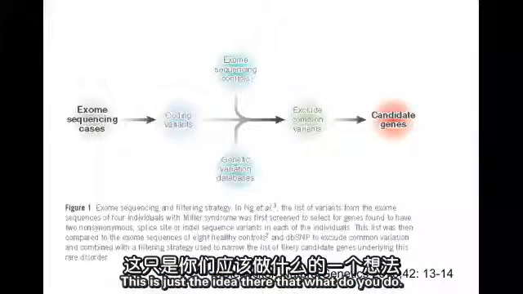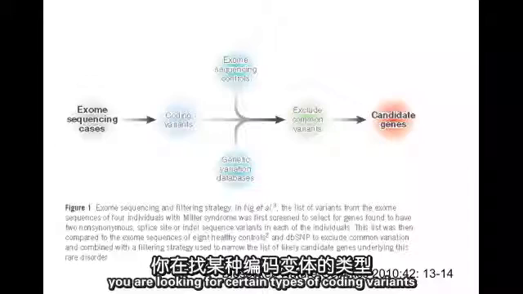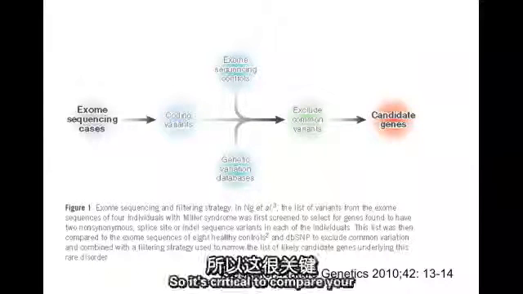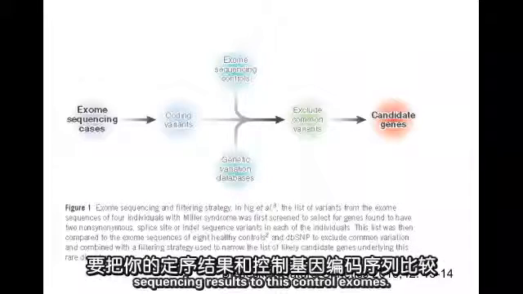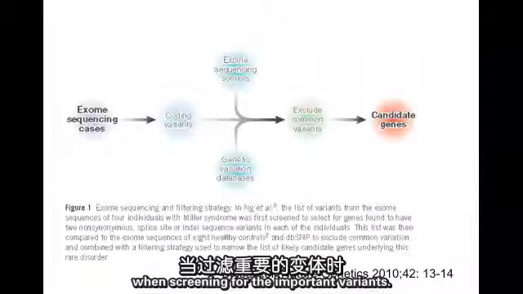And so this is just the idea there, that what do you do? So you have these extreme cases, and you are looking for certain types of coding variants, and then you also have to have control exome sequence. So it's critical to compare your sequencing results to these control exomes, and then also utilize the public genetic databases when screening for the important variants.